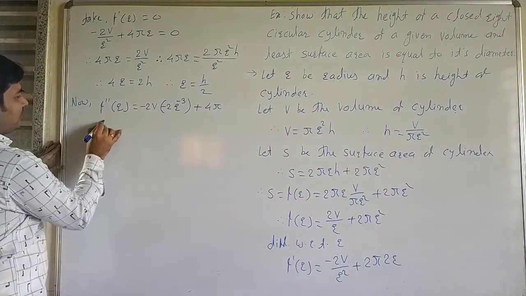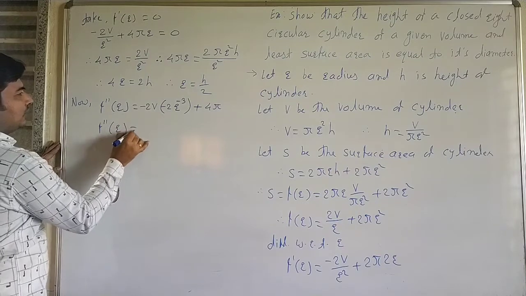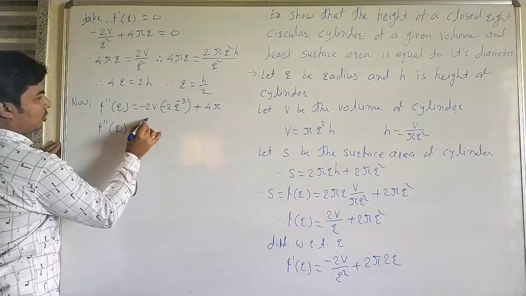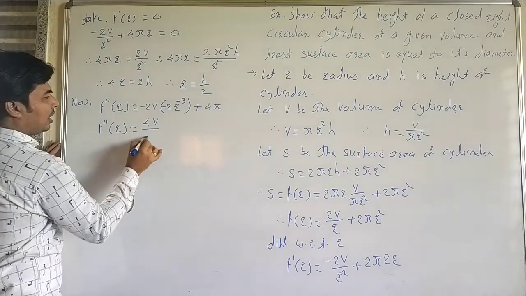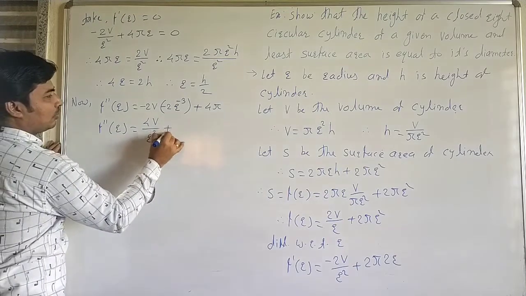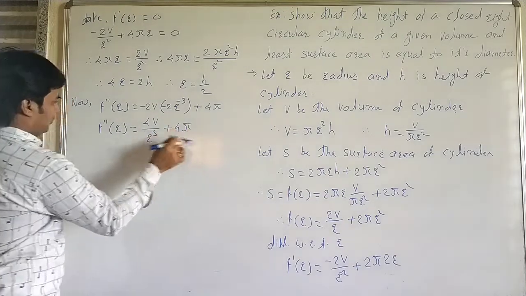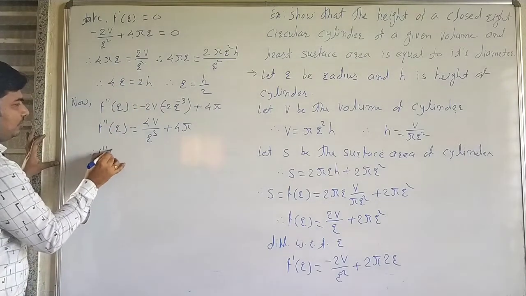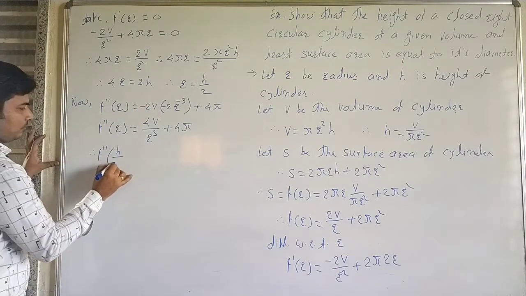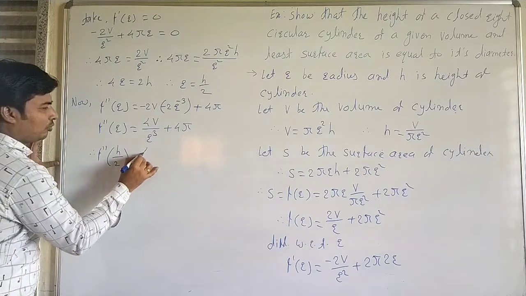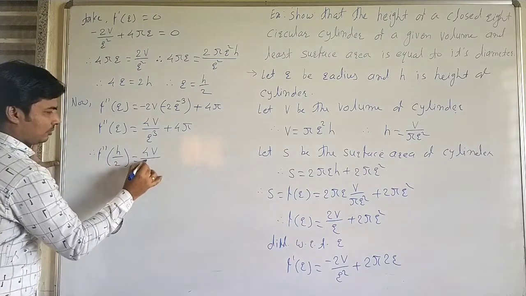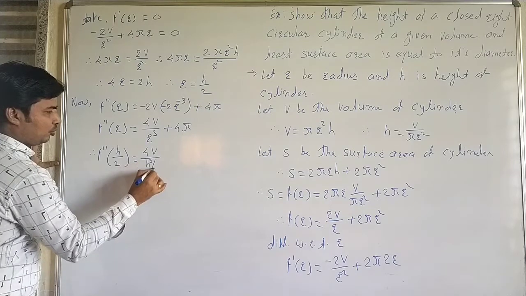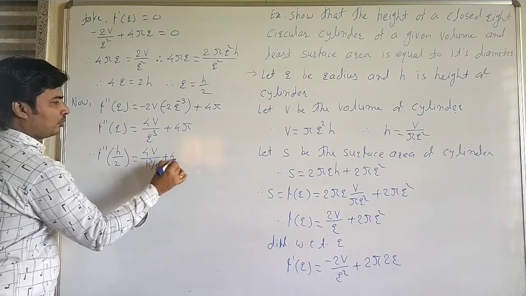Therefore f double dash of r is equal to 4 phi upon r cube plus 4 pi. Then put the value of r. Therefore f double dash of h by 2 is equal to 4 phi upon h cube by 8 plus 4 pi.